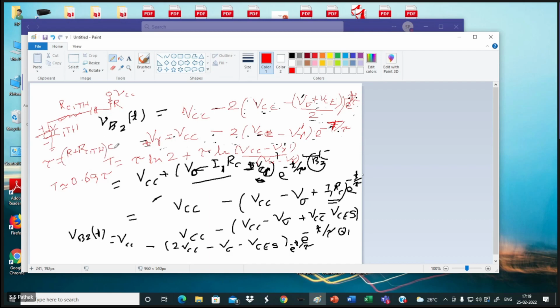into C, and this T is the width of the pulse during which your Q1 was on and Q2 was off. At this point, Q1 becomes off, okay, and Q2 becomes on. So becomes on means this is nothing but a VCES. And this is approximately equal to VCC.